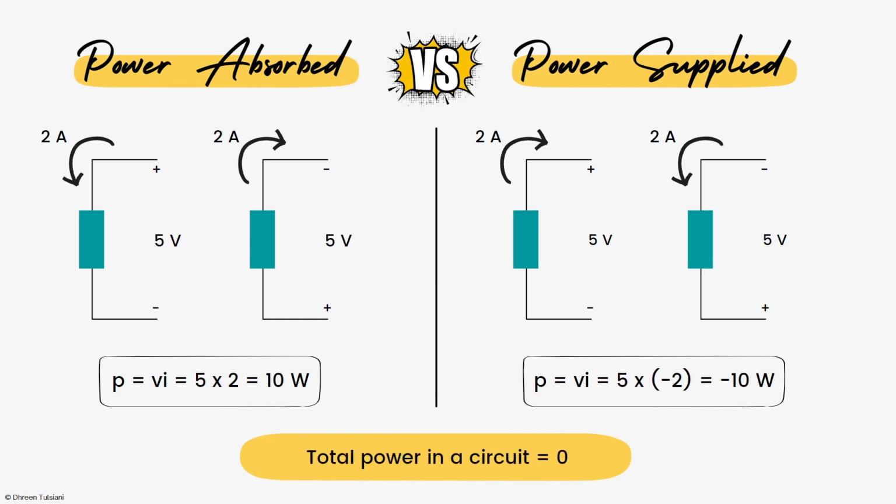And then we can conclude that power absorbed plus power supplied would be equal to 0. So the total power in a circuit would be 0. This is because total power supplied to the circuit should balance the total power absorbed by the circuit.